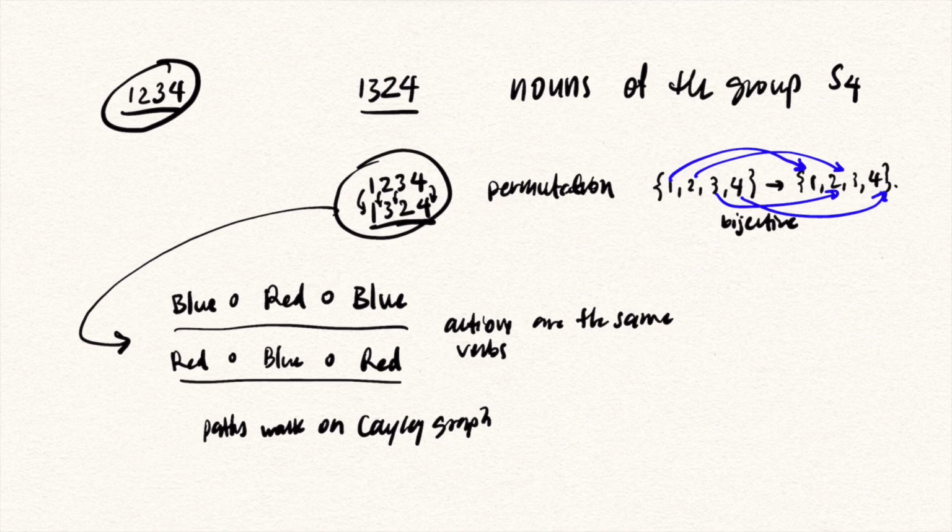The way we interpret this is this noun corresponds with the verb that now applies to everybody on the Cayley graph of first walk the blue edge, and then walk the red edge, and then walk the blue edge. Hopefully you see in your mind's eye many people standing at each node, walking along the edges prescribed by this recipe.